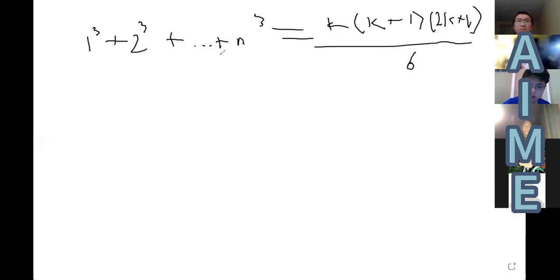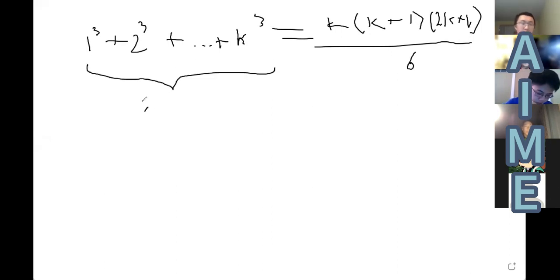It asks you to find the smallest k such that this quantity is divisible by 200, that is 0 mod 200.